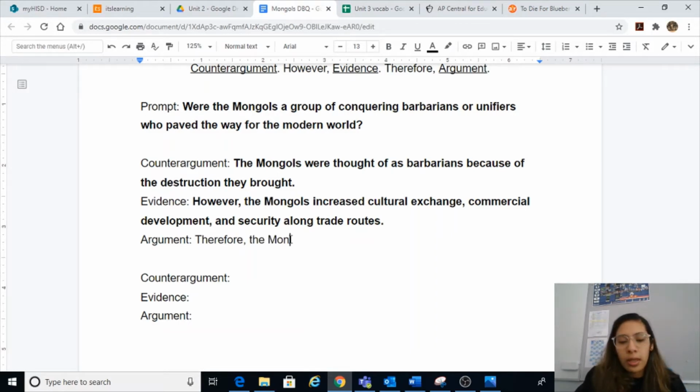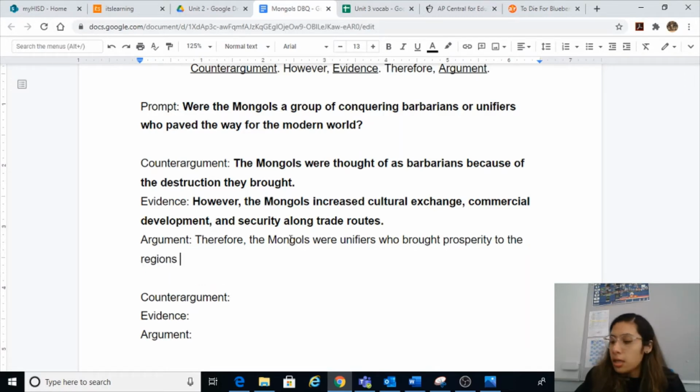So now I'm going to put my main argument. Therefore, the Mongols were unifiers who brought prosperity to the regions they governed.